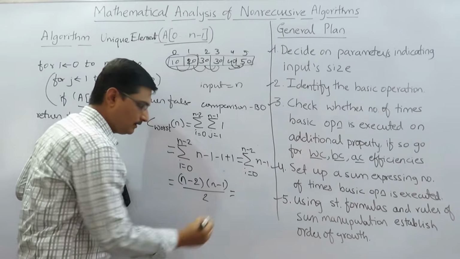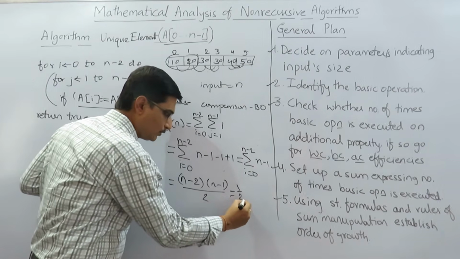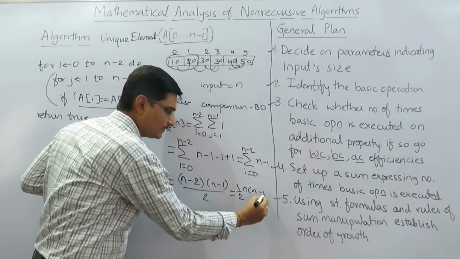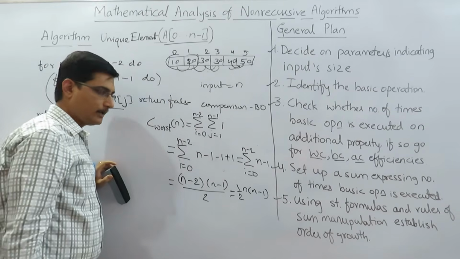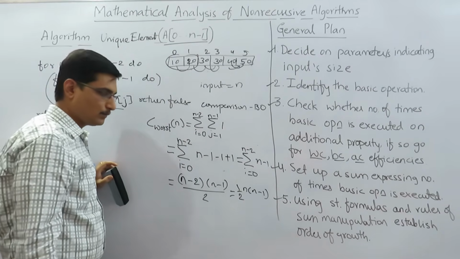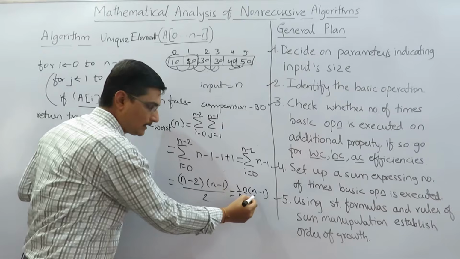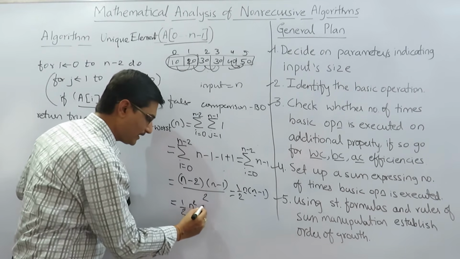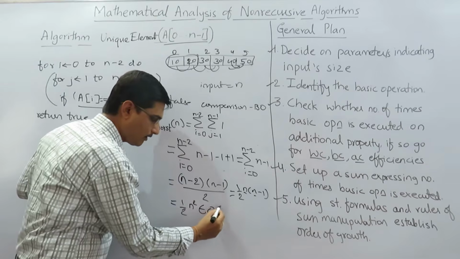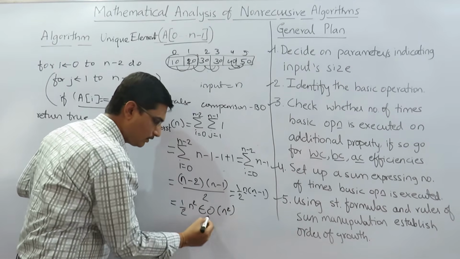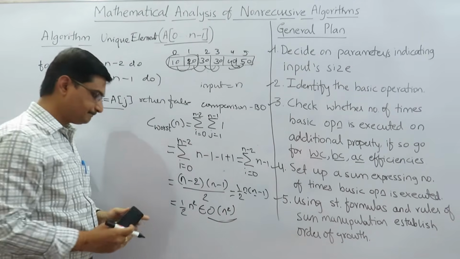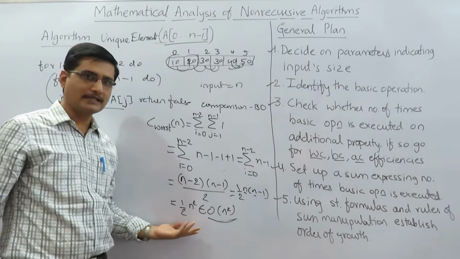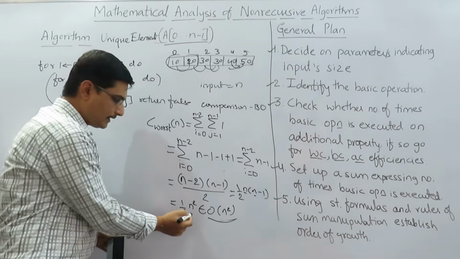So this will be roughly 1 by 2 into n into n minus 1. There are two n's, so it is roughly 1 by 2 n square. We can say that it is in theta of n square. Don't bother about this part now, but it is of the order of n square.